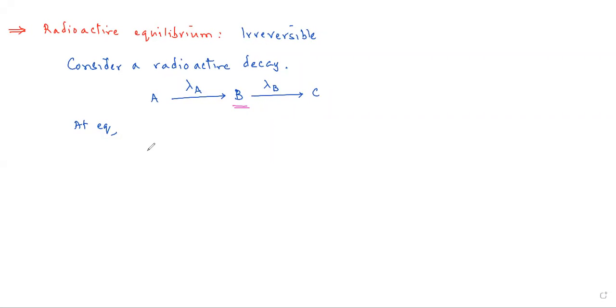You know, at equilibrium, the rate of formation of B from A is equal to the rate of its disintegration.